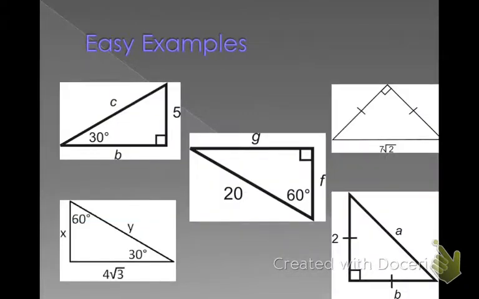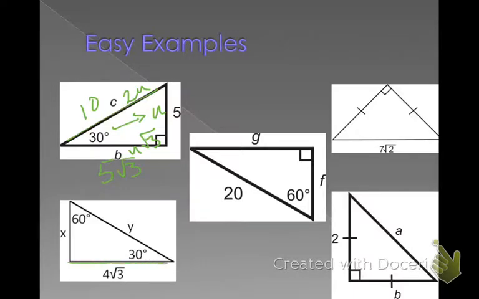The easy examples follow the pattern, and it's really easy to plug numbers in. Let's take this 30, 60, 90 problem. This is across from the 30-degree angle, so this is the U. This is the hypotenuse, so it's 2U, and then that makes this U root 3. So C is 10 and B is 5 root 3.